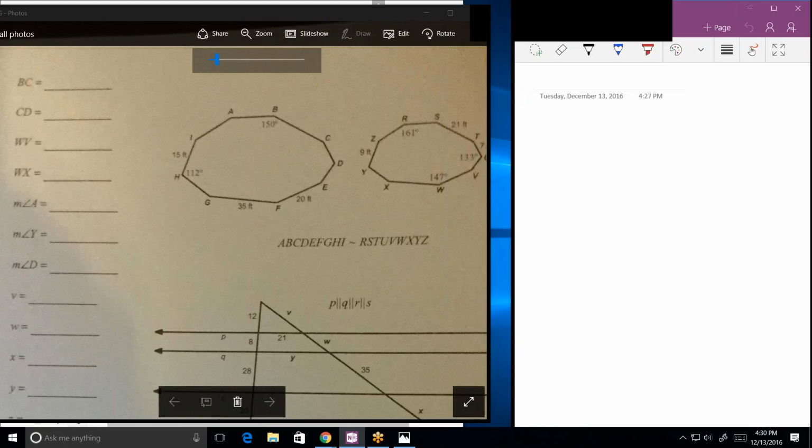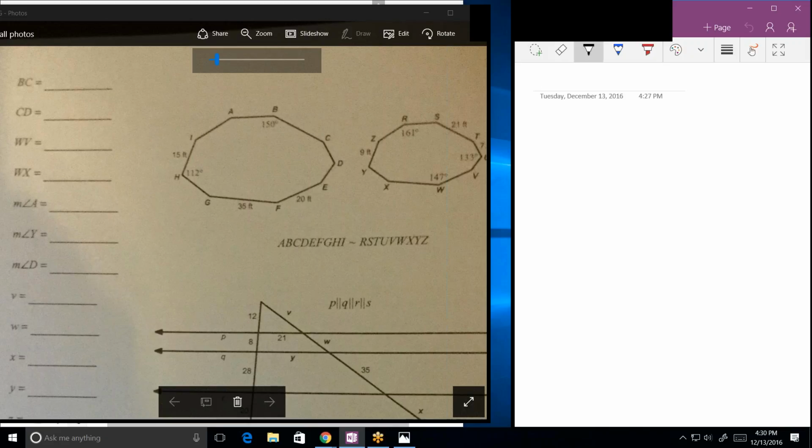If they're similar, the first thing we need is the similarity ratio, right? Let's just do the similarity puzzle for now. So, the similarity ratio.